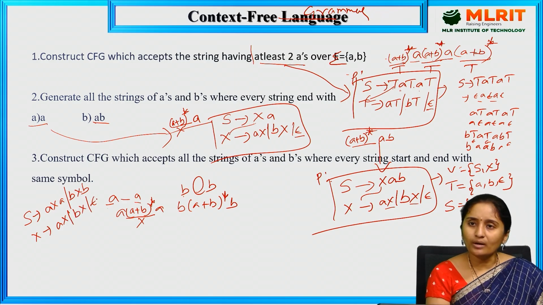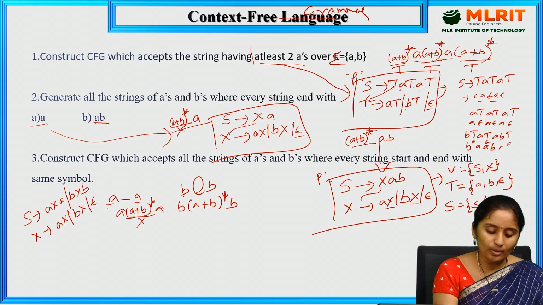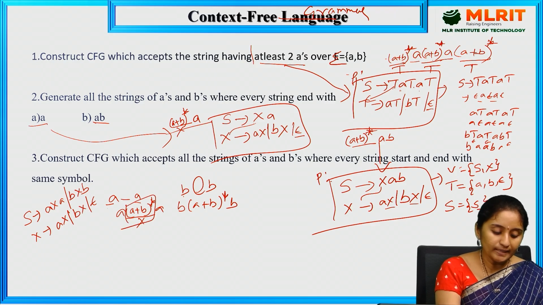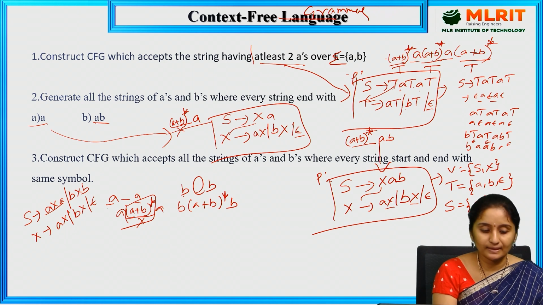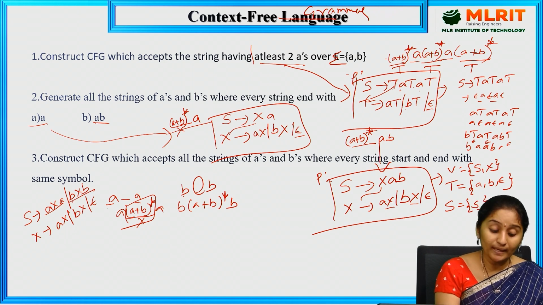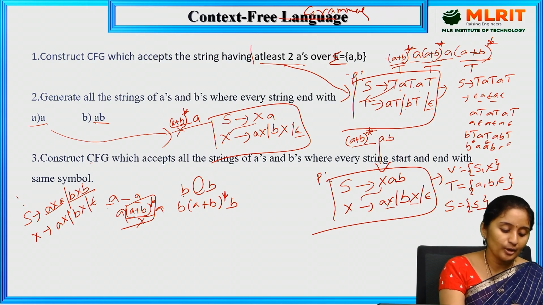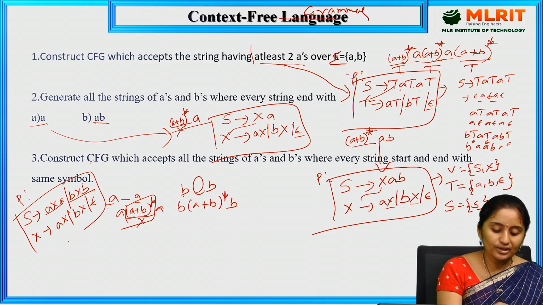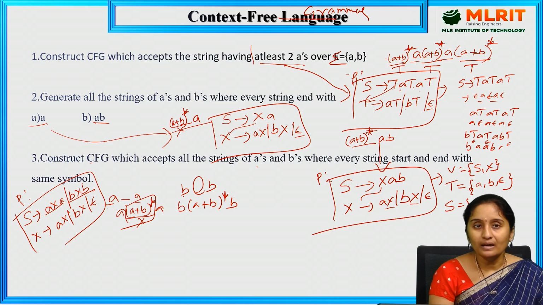So here this common part I have replaced. If I take this production rule, it is starting with A and ending with A. If I take this production, it is starting with B and ending with B. So these are the context-free grammar production rules for the strings that start and end with the same symbol.